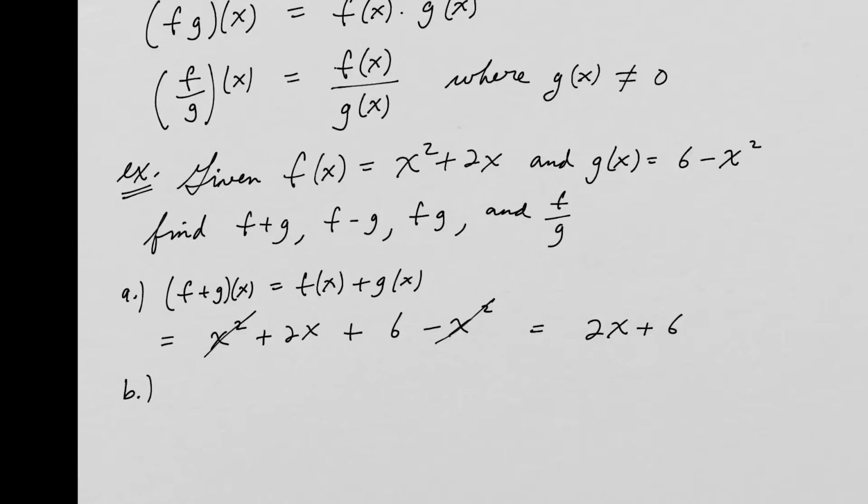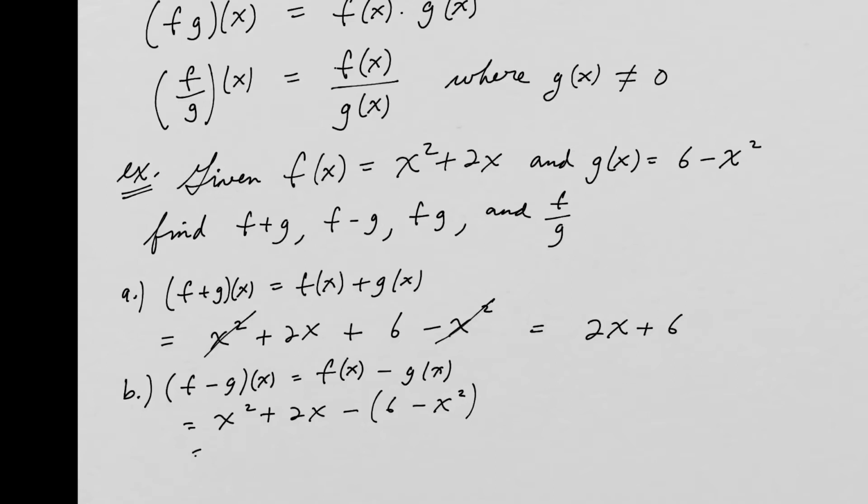Okay, what if I want to subtract? So I have f minus g of x. Well, remember, that just means f of x minus g of x by definition. So this is going to be f minus g, so be careful, put the whole thing in parentheses.